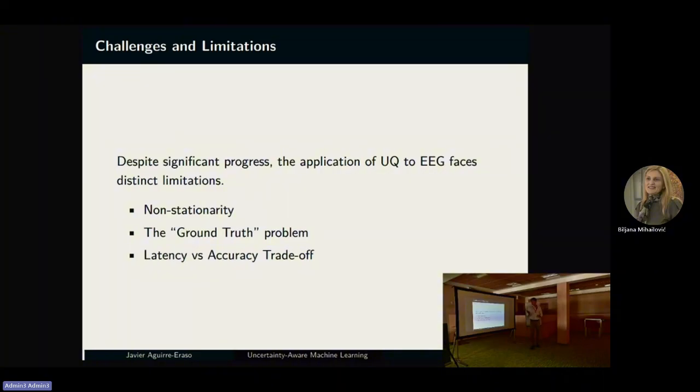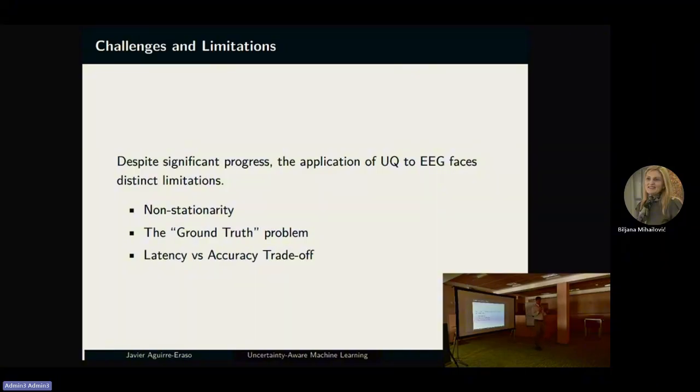So, despite some improvements being made in the uncertainty quantification field, there are some challenges and limitations that are inherent to EEG data. For instance, most of the methods that try to measure uncertainty assume that the data is stationary.